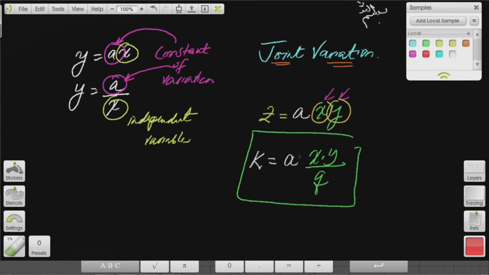It's very helpful because it tells you that when the value of x goes up, the value of k goes up. When the value of y goes up, k goes up. When the value of q goes up, the value of k goes down because they're inversely related. This is a very important concept to appreciate.